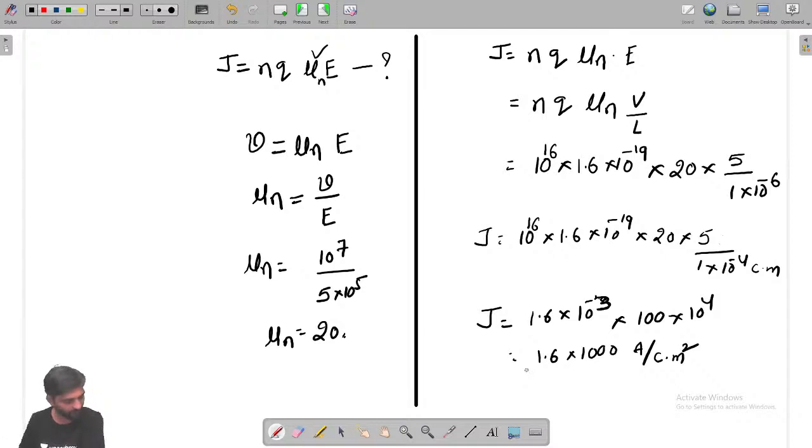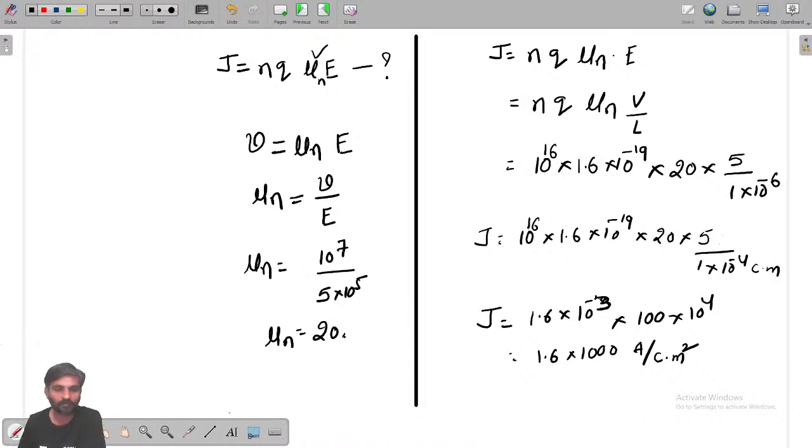But he's asking in terms of K. Tejashwini, what is 1.28 into 10 to the power of minus 13 amperes per meter square? From where did you get your 1.28? Just see. So J is going to be... he's asking in terms of K, right? Kilo amperes.